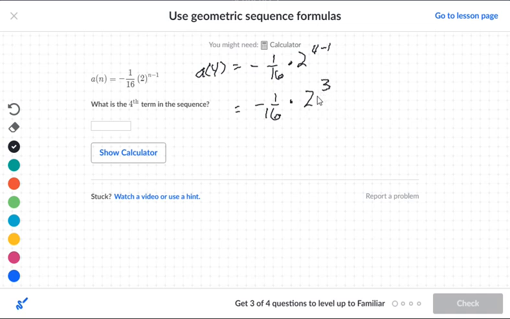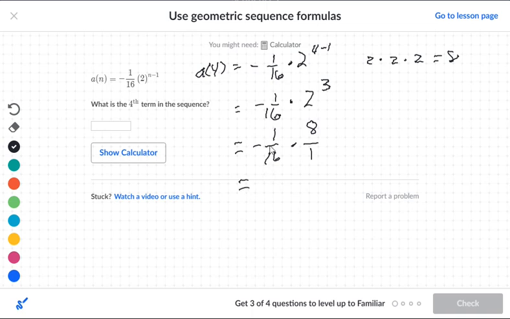Now we want to clean this up. We want to work with the exponent first. So we're going to take 2 times 2 times 2. Well, 2 times 2 is 4, times 2 is 8. So what we have now is negative 1/16 times 8.